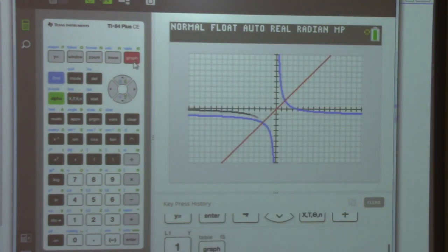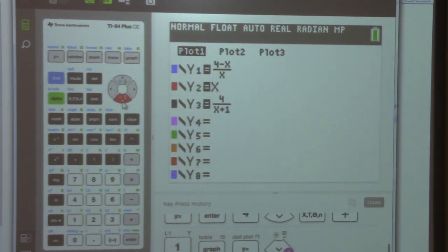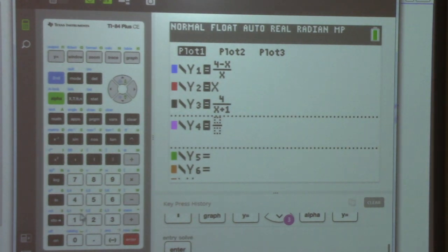So we graph, and do you see that that black curve is a reflection? I'm going to get a different color. I'm going to go to magenta. 4 over x plus 1.